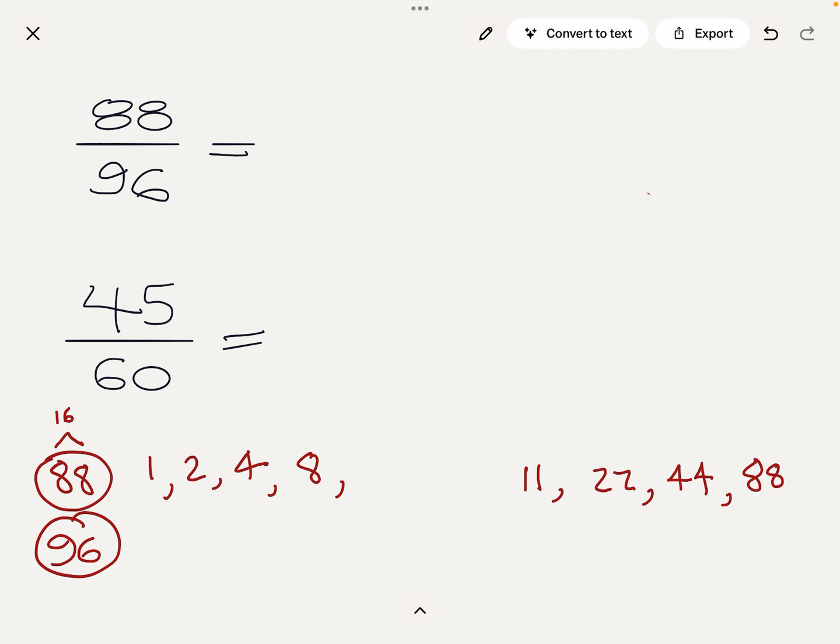Now let's look at 96. 96 will have tons of factors. So we know that 1 and 96 go into it. We know that it's an even number, so 2 goes into it. And I believe 2 times 48 is 96. And 3 goes into it. How many times does 3 go into it?